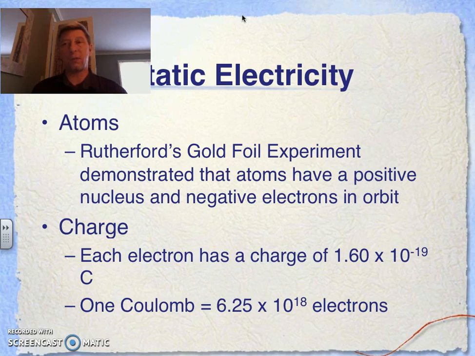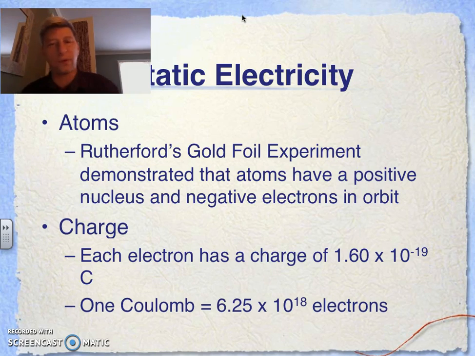And this discovery really came about with a guy by the name of Joe Rutherford and his gold foil experiment. In this experiment, he demonstrated that atoms have a positively charged nucleus. We now know that that's because of the protons located inside the nucleus, and negatively charged electrons that are in orbit around the nucleus.